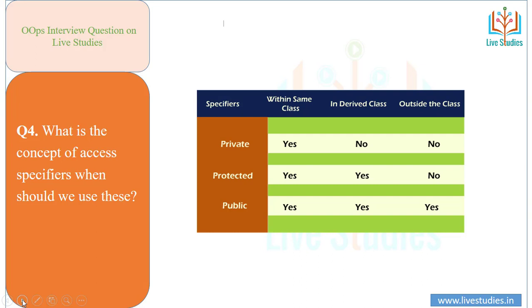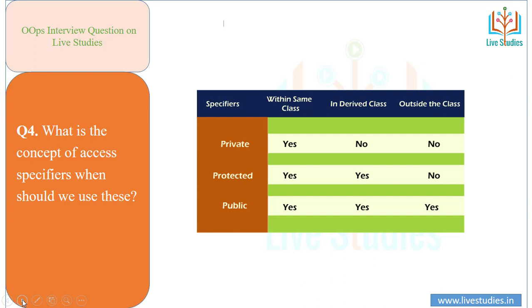It is also known as the access modifier. It includes public, private and protected. Some others are language specific, such as Java's default access specifier.